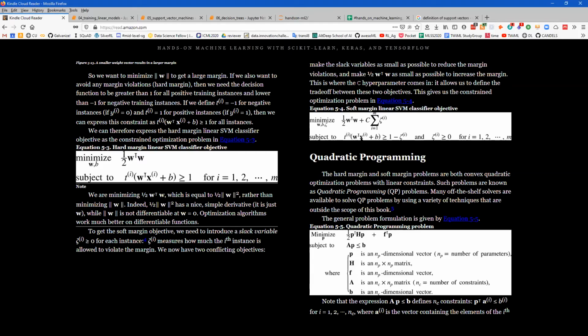What's X in this equation? X, I think it's the data. I think it's the data point.